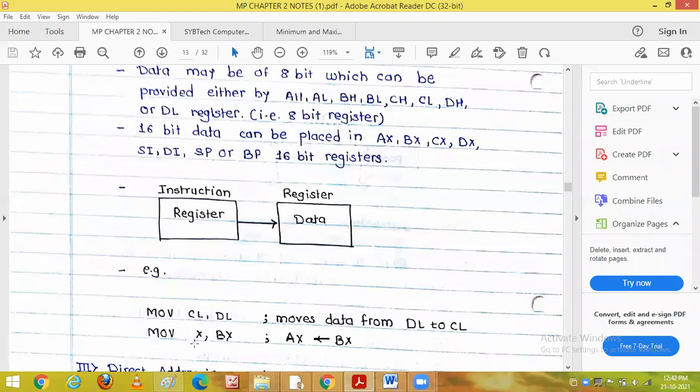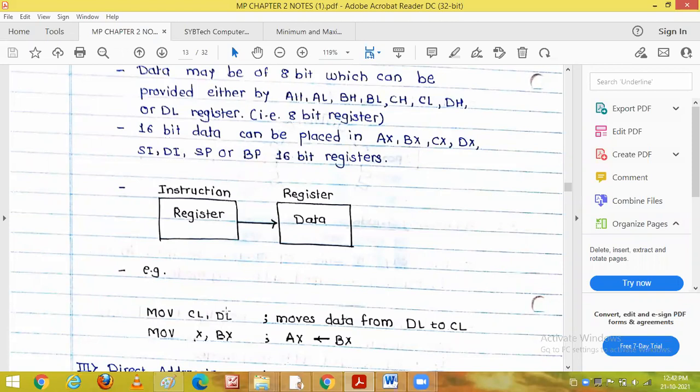So you note down this one is AX. What is the meaning? Whatever DL is containing moves to CL, data moves from DL to CL. In the next instruction, similarly, whatever BX is containing is transferred into the AX register.